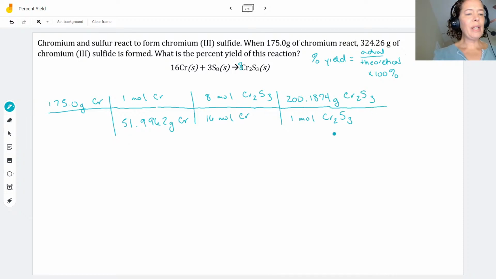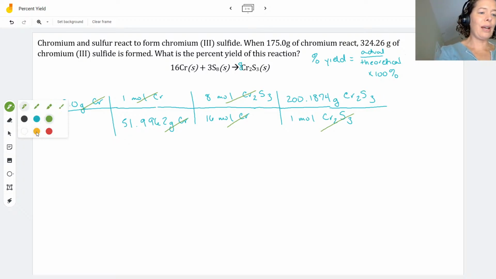Okay, before we plug this into our calculator, let's just make sure that all of our units are canceling like we expect them to cancel, and that in the end we have the unit that we have been trying to get to. So my grams of chromium cancel. Here my moles of chromium cancel. My moles of chromium-3 sulfide cancel, and I am left with grams of chromium-3 sulfide, which is exactly what I wanted.